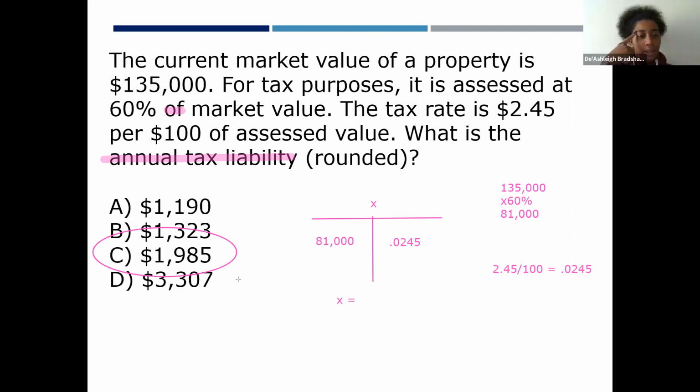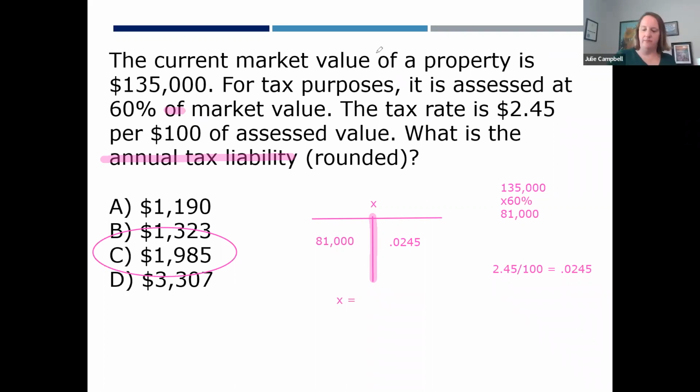So you did the 81,000, you times that by the tax rate, or you divided it? 0.0245, I times, because in the T-bar, my up down line here means multiply. I don't know why I keep coming up with D. I don't know how I'm doing it.